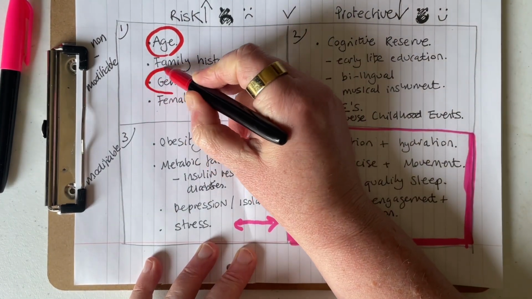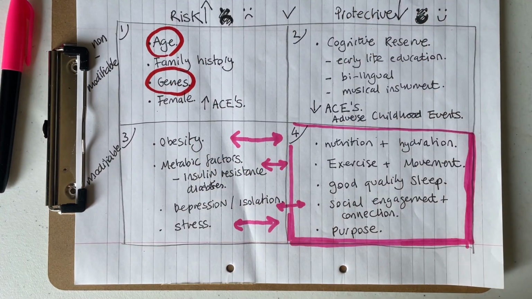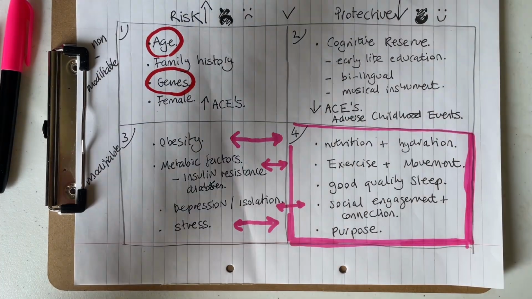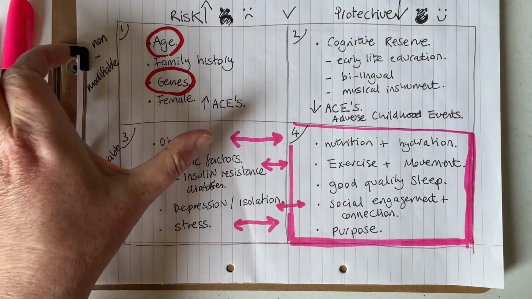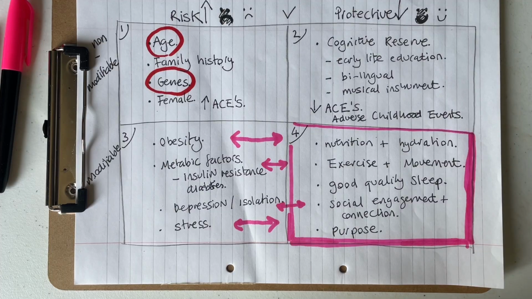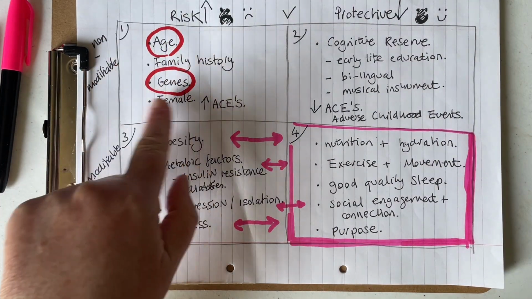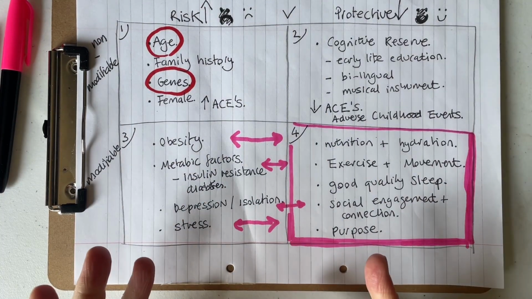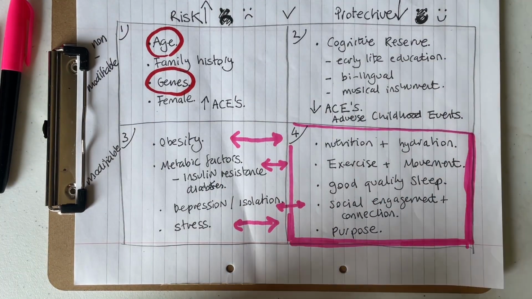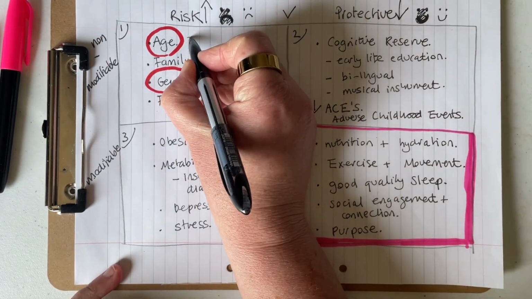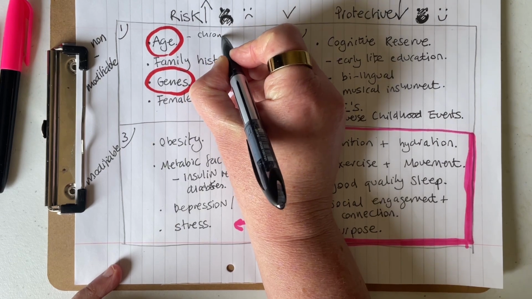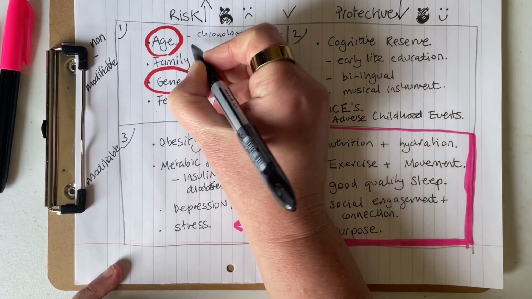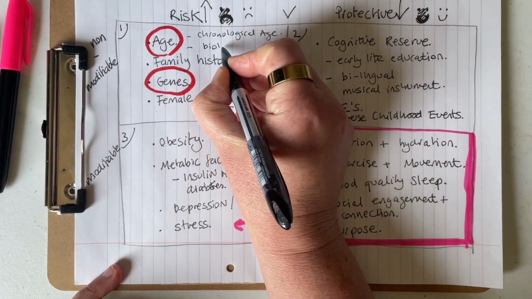and genes. So when I first learnt this model 20 odd years ago, plus probably, these were very fixed in this quadrant. So in terms of them being non-modifiable, you can't change your age and you can't change your genes. But now that isn't necessarily the case. And I don't want to go into it too much, but I just want to say that we have our chronological age and we have our biological age.